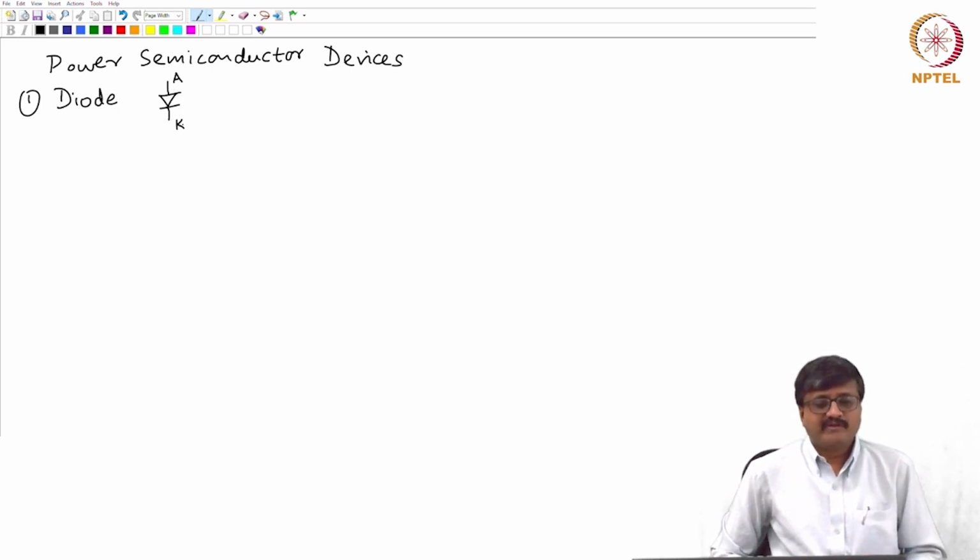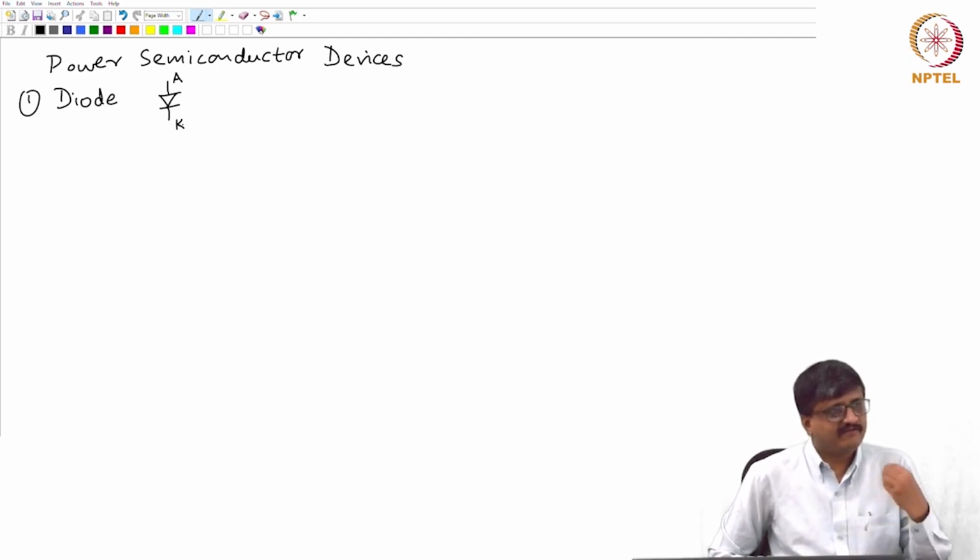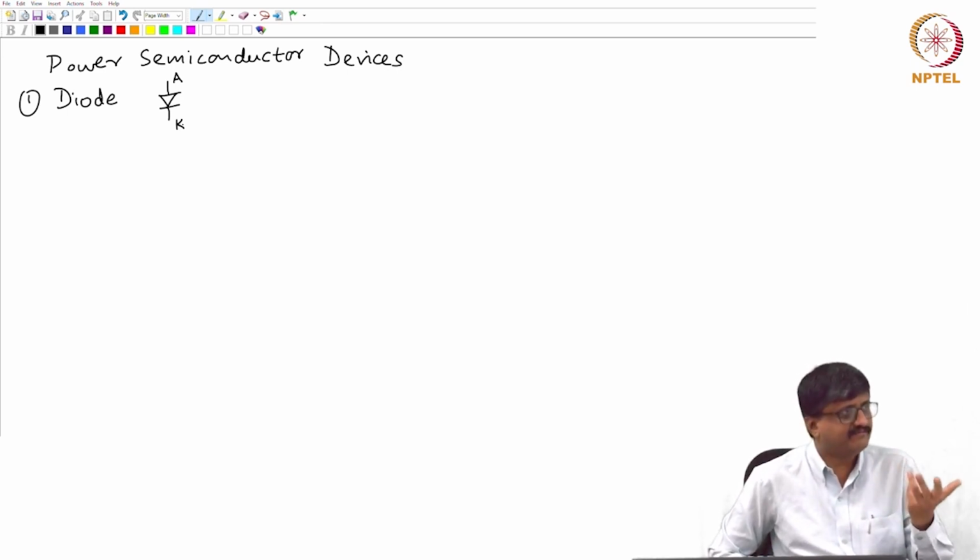Now we all know that if the potential of the anode is higher than that of the cathode by a certain value, it is forward biased and it starts conducting. The assumption that we make here is, if the potential difference between anode and cathode is any value greater than 0, then we say that it's forward biased and it starts conducting.